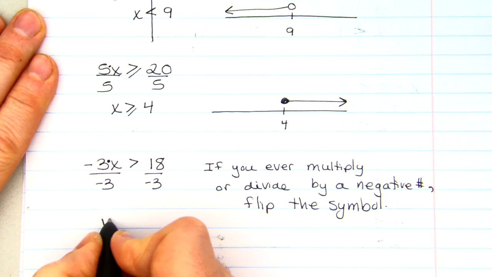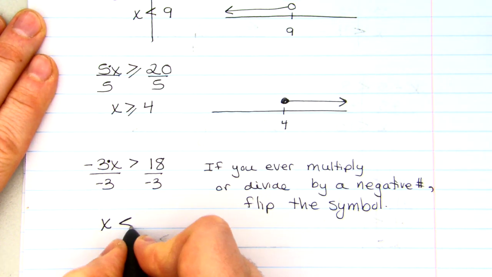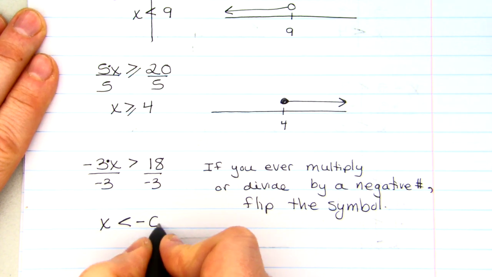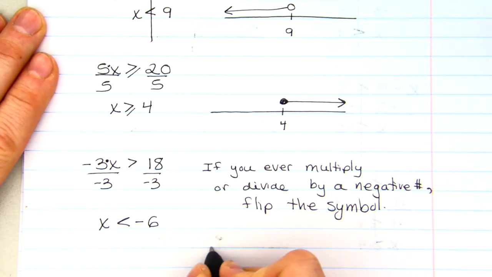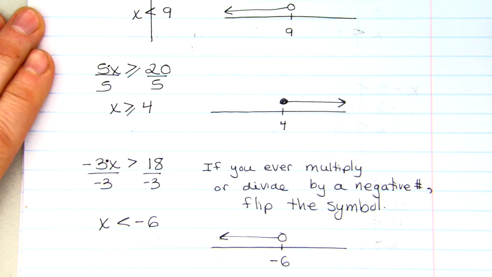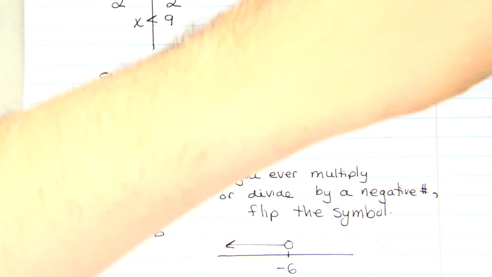So that's going to give me x. I'm going to flip my symbol around, and 18 divided by negative 3 will give you negative 6. I'm going to put that on my number line, tick mark at negative 6, open circle, and we're going to point to the left.